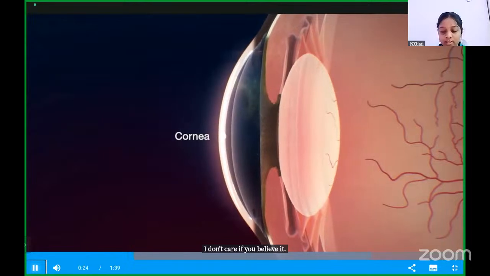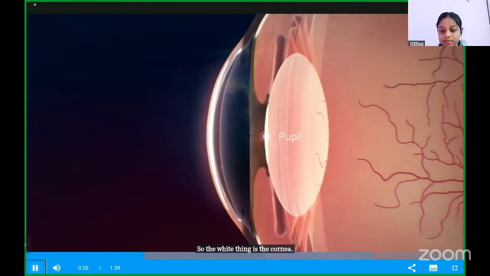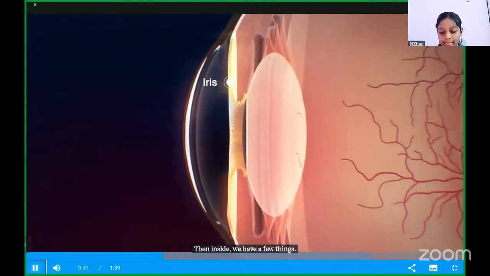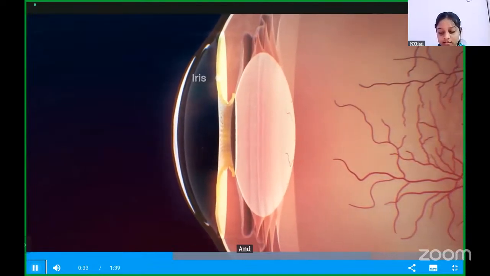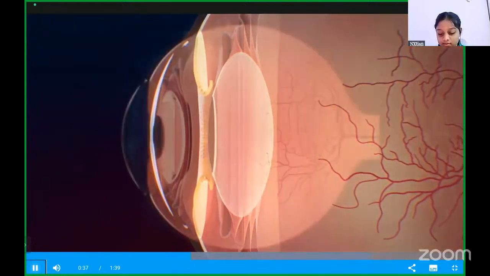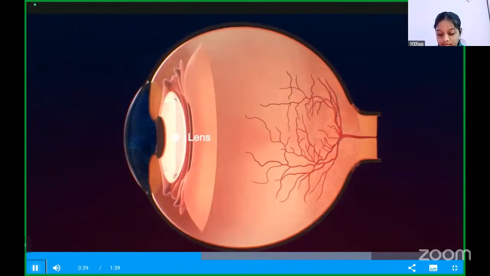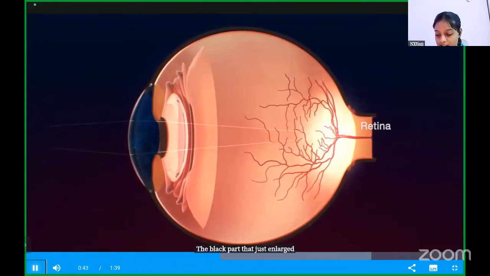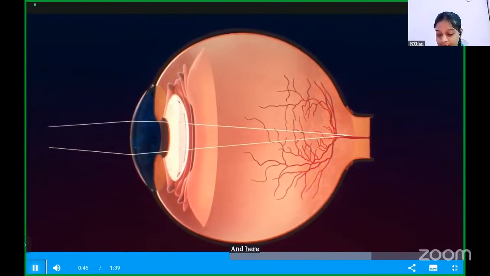So the white thing is the cornea. Then inside we have the pupil and iris. The black part that is enlarged is the lens. And here is the retina.